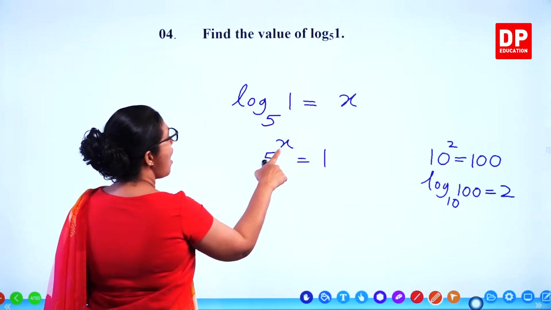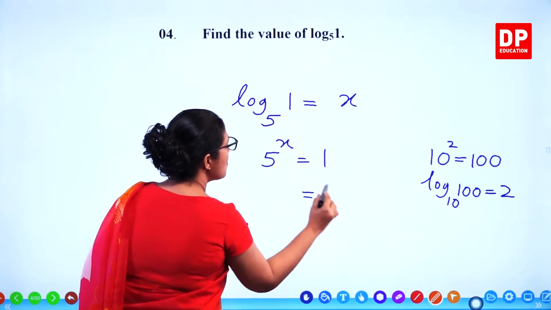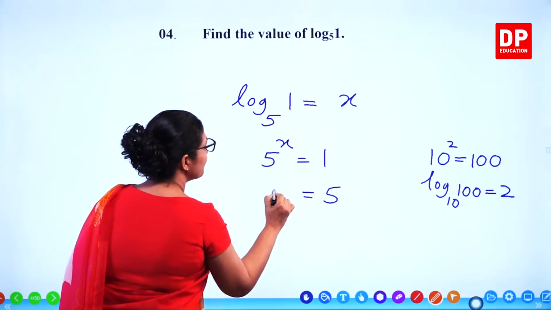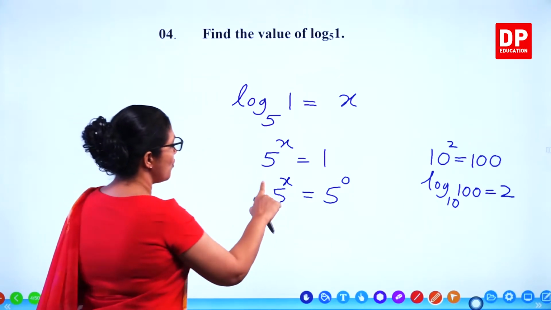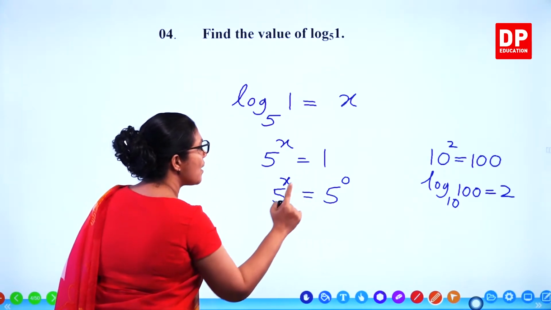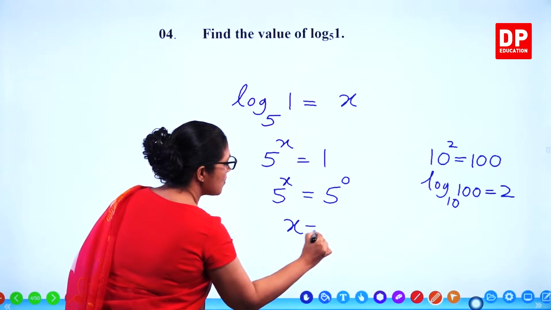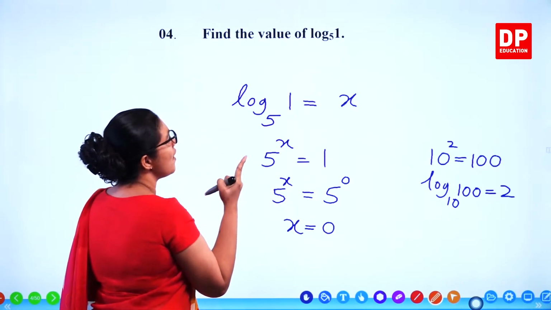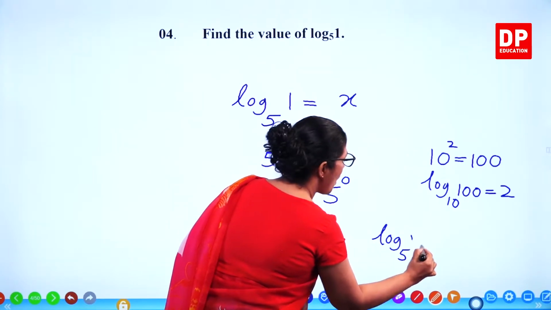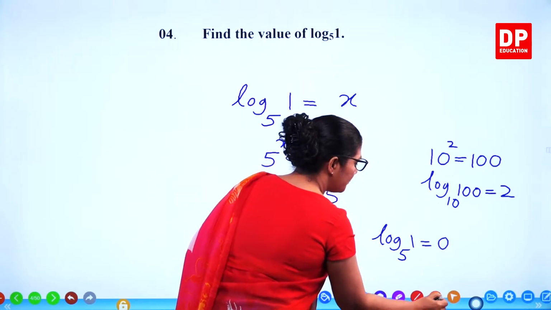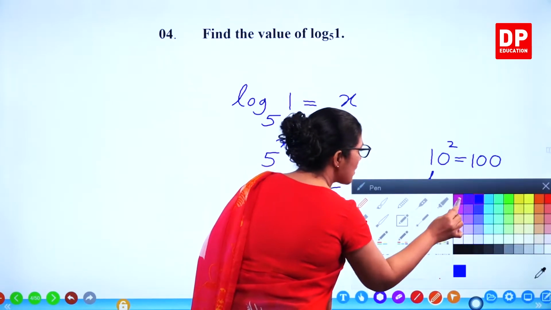Now how do you write 1 in terms of base 5? We know 5 to the power 0 is 1. So same base, you can compare the powers, x becomes 0. So what's the final answer? Log 5 base 1 equals 0. So you get 2 marks for that.